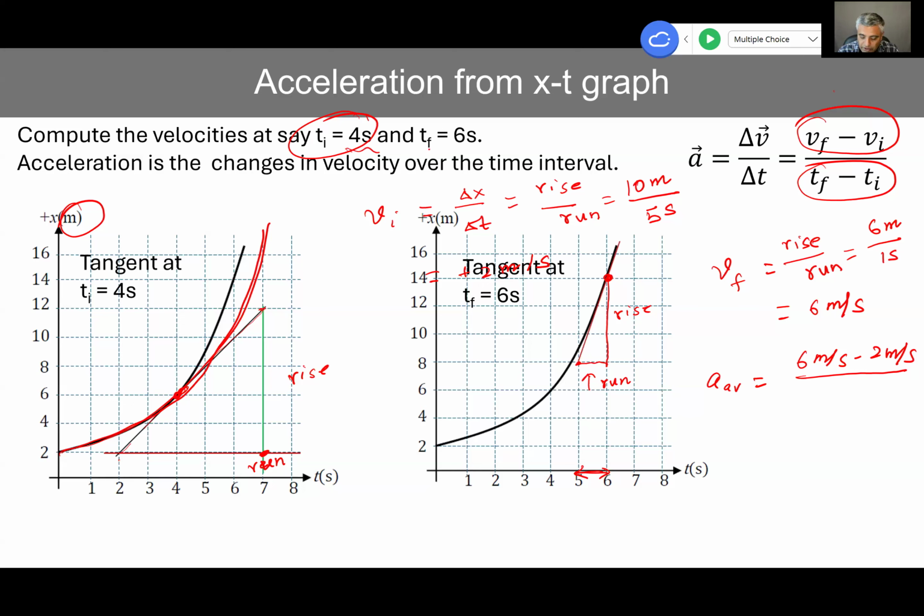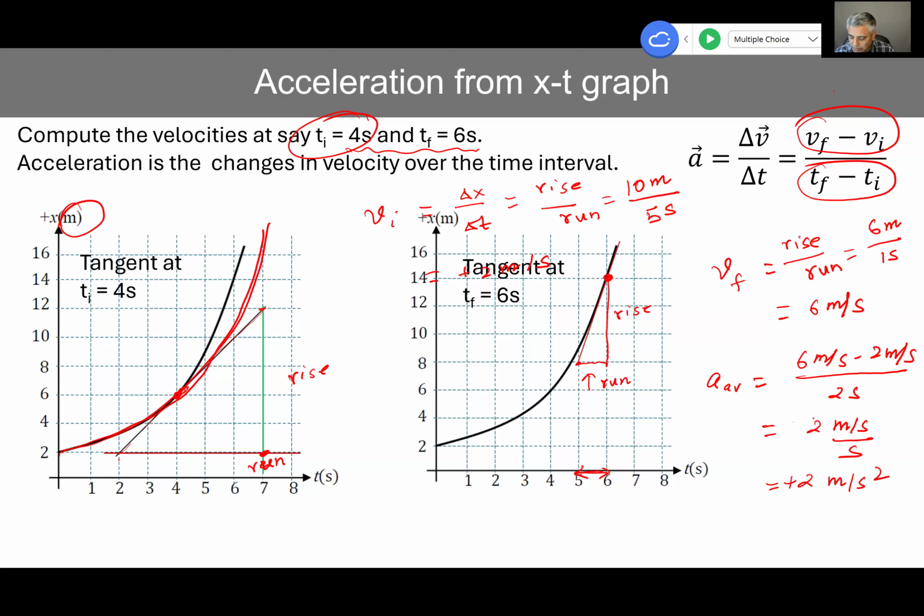We went from 4 seconds to 6 seconds, means it's a 2 seconds time interval. 4 to 6 is 2, yes. So 6 minus 2 is 4, divided by 2 is 2 meters per second over second. And we write that as 2 meters per second squared.